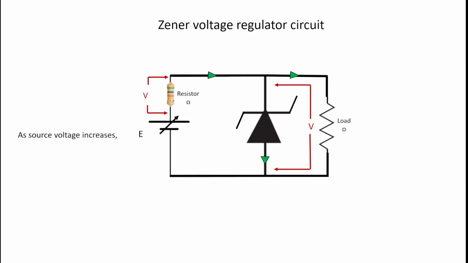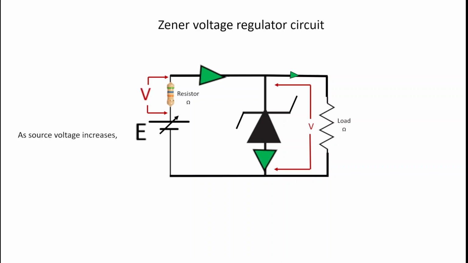Well, let's see a situation where we've got a Zener voltage regulator circuit and the source voltage increases. Notice there's a voltage across the Zener, and that voltage across the Zener is a constant value, and the load is going to have that voltage as well because it's in parallel with the Zener. Let's say the source voltage increased.